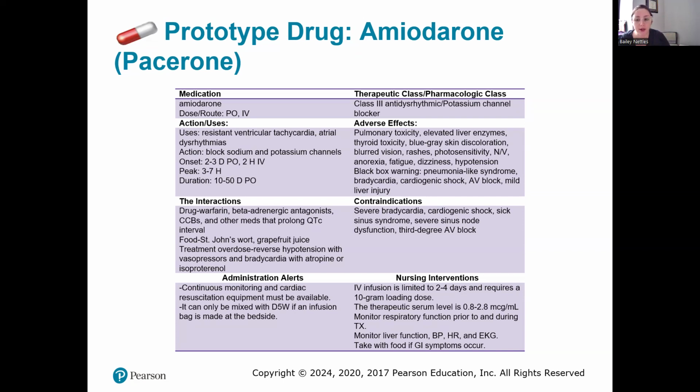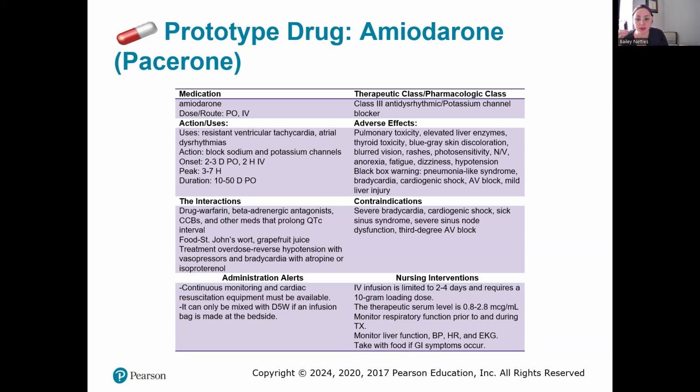Okay. Avoid warfarin, beta adrenergic antagonists, calcium channel blockers, and other meds that prolong the QT interval. If anything lengthens it, we want to avoid it. St. John's wort and grapefruit juice we avoid.